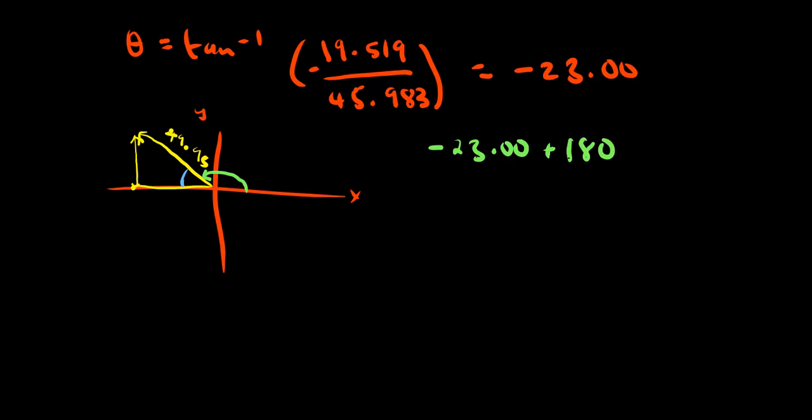So what do I get? I add 180 and I will get the angle 156.99, so I will round off and that will be 157 degrees there. That is my answer for that one.